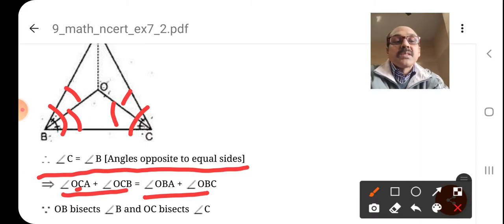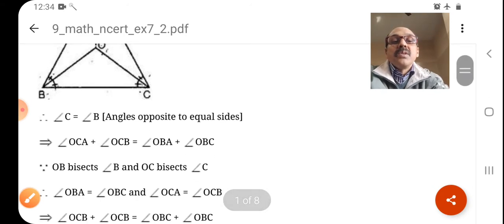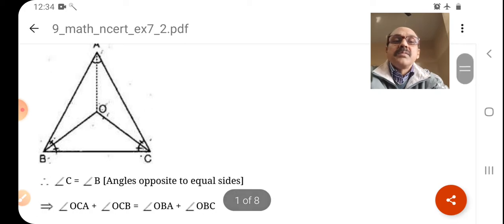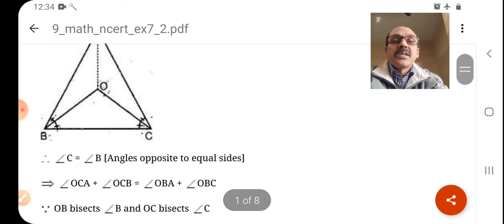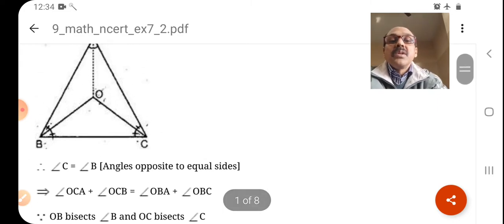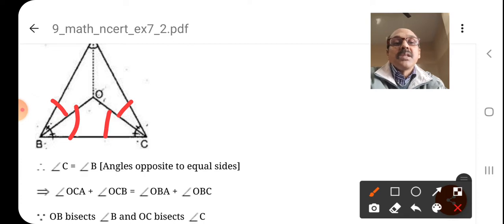Since OB bisects angle B and OC bisects angle C, angle OBA equal to OBC, and OCA equal to OCB, because OC and OB are the bisectors.